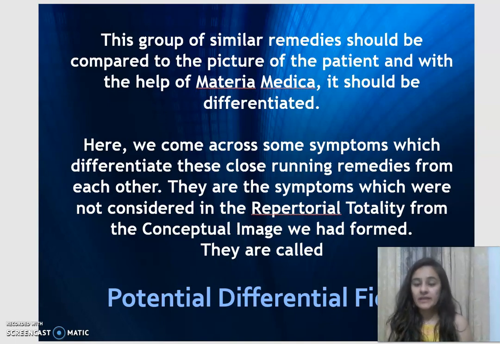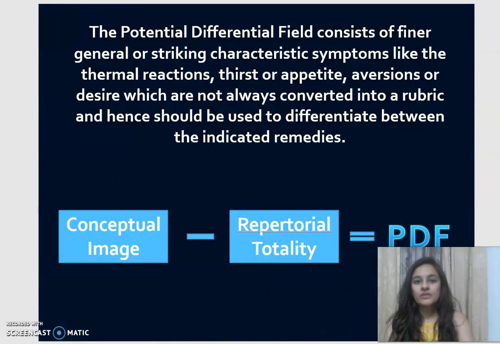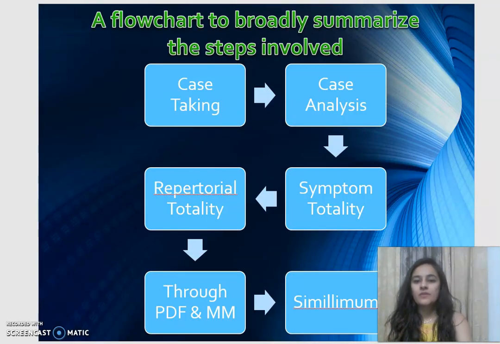These are what remained when we subtracted the repertorial totality from the conceptual image, so some symptoms were left. This is our PDF, and these consist of finer general or striking characteristic symptoms like thermal reactions, thirst or appetite, aversion or desire, which are not always converted into rubrics and hence should be used to differentiate between the indicated remedies. This follows a flow chart which broadly summarizes the steps involved.